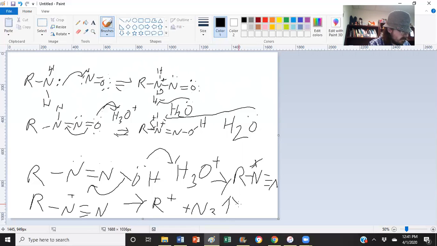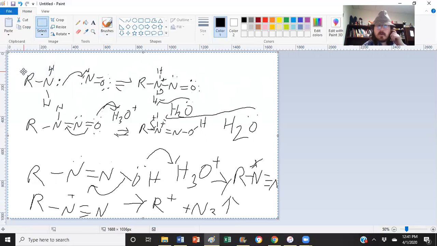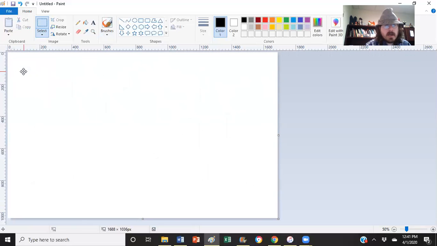So this is going to be a very good intermediate. How are we going to remove an amine and replace it with something less reactive? How are we going to kick off an amine, replace it with a chloride?